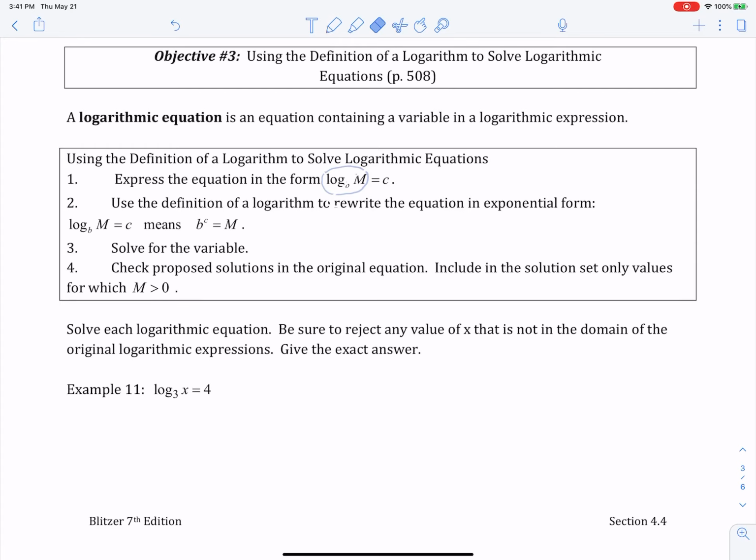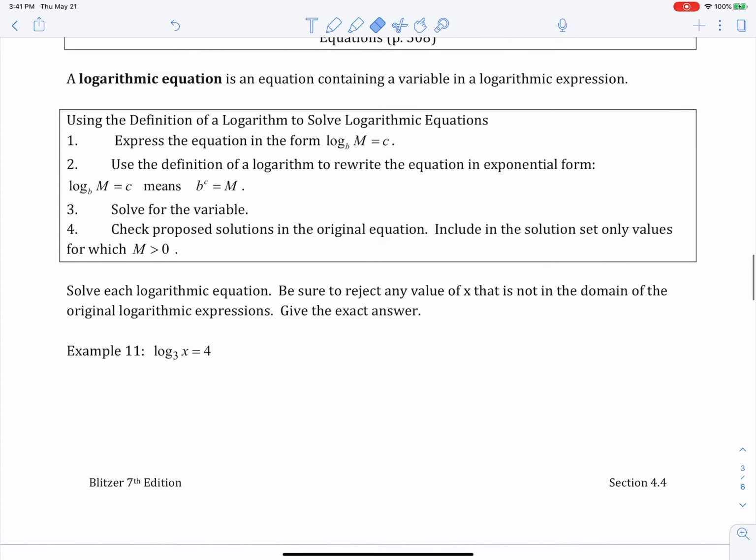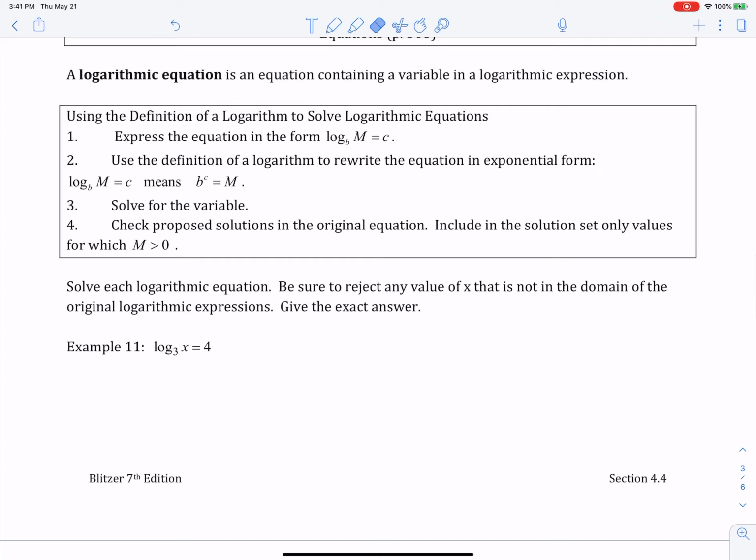Then we're going to apply the rule for converting to exponential form, where we always start from the base, go the base times what's across the equal sign, and go back across the equal sign. After that, we are going to solve for the variables. Now there is a trick here.